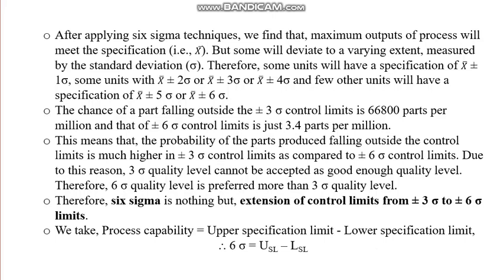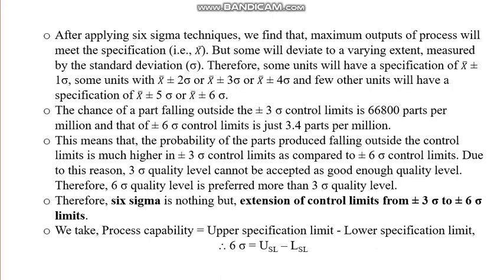Now, after applying 6 sigma techniques, we find that maximum outputs of the process will meet the specification. The specification is the mean X bar, but some will deviate to a varying extent. Everybody cannot produce 50.